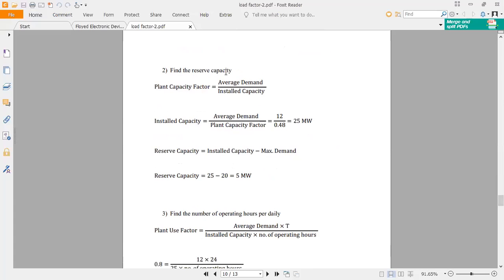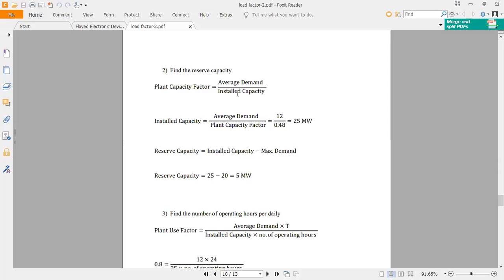Find the reserve capacity. The reserve capacity is installed capacity minus maximum demand. We know the maximum demand but we don't know the installed capacity.